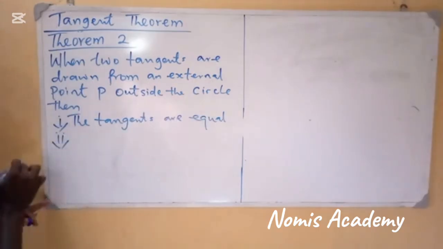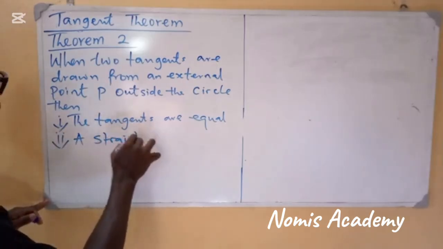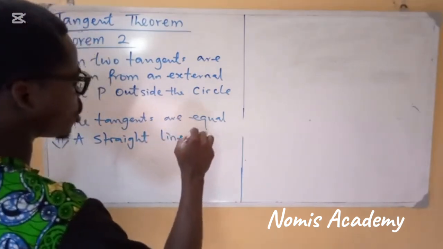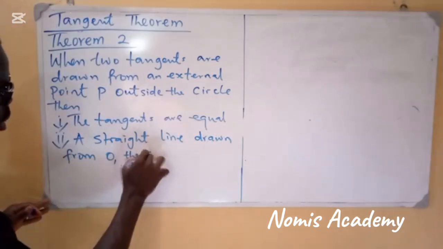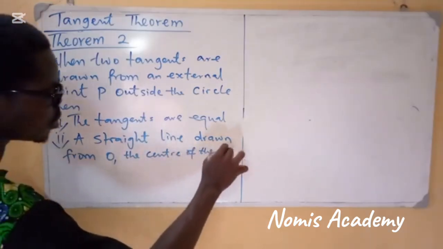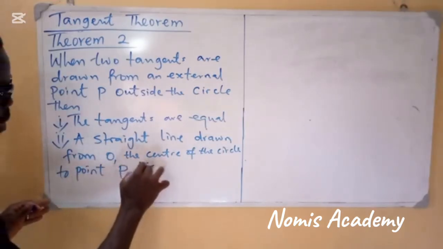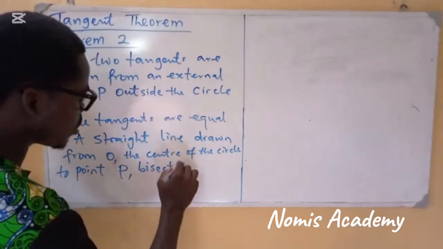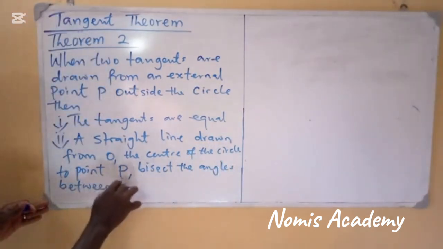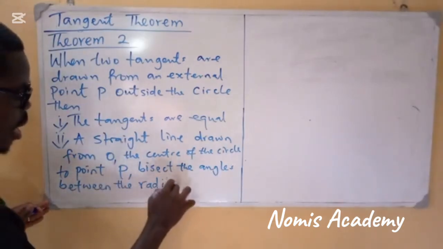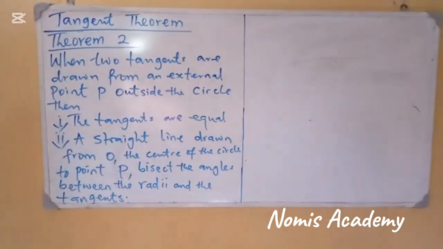And then the second condition is that a straight line drawn from O, the center of the circle, to point P bisects the angles between the radii and the tangents. Okay, so this is the theorem.